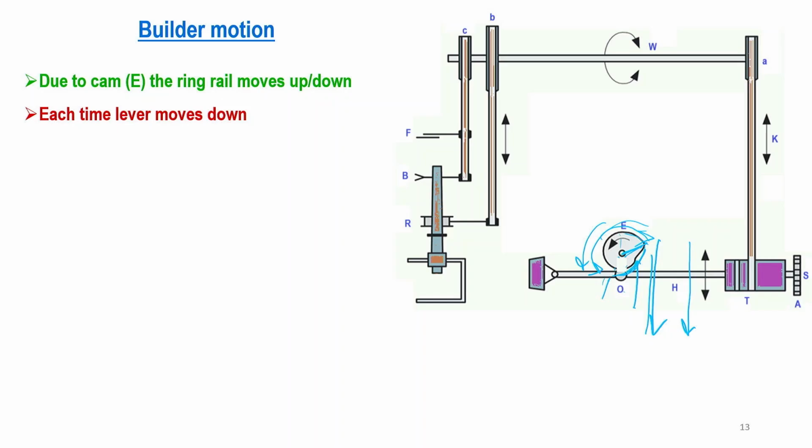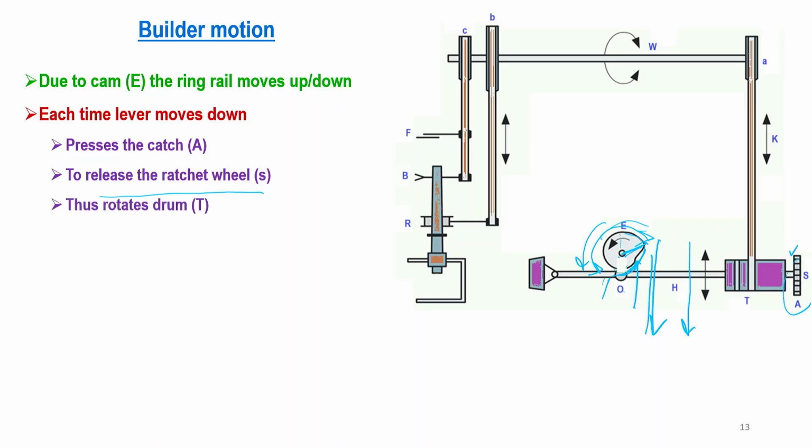So, this is the motion and it presses the catch. Here the catch is there, which will be pressed, and what will happen? This ratchet will rotate for say one tooth or half tooth. To release the ratchet, this rotates the drum.